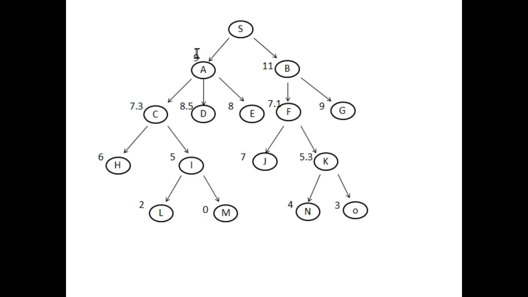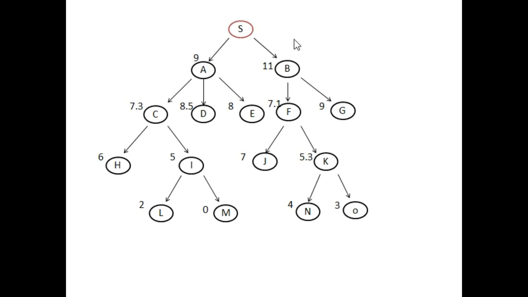For example, 9 is the heuristic value of A. In the same way, 11 is the heuristic value of B. So we will solve this problem: we will move from the initial state to goal state M by using the heuristic values, using hill climbing search.